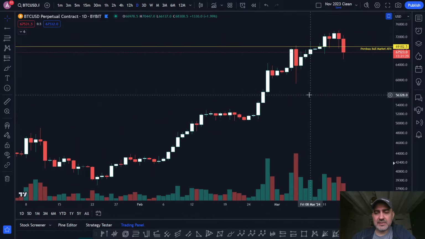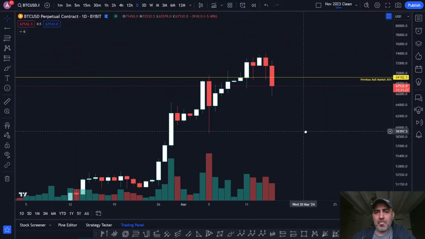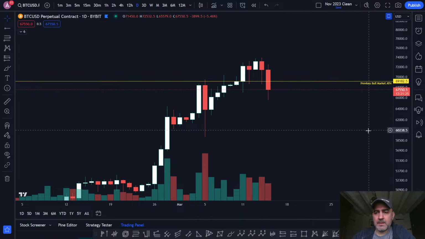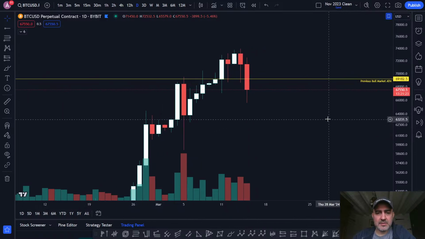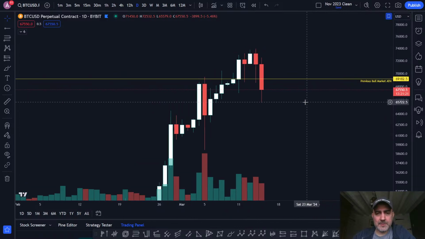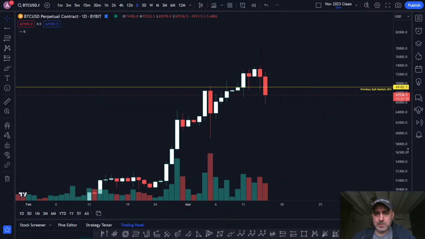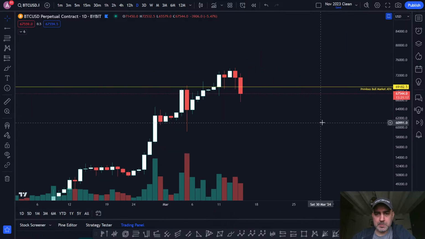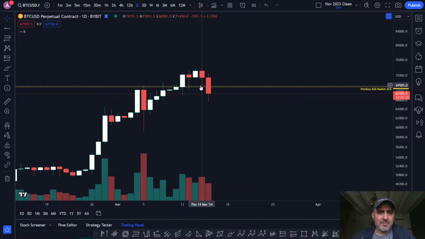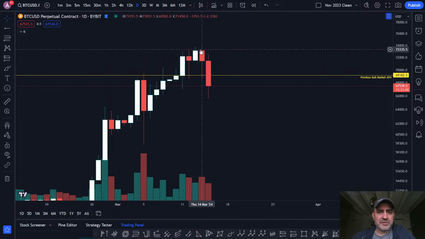That being said, let me have a look at the daily chart. So that was quite a bearish daily candle yesterday. Did you see that? Even though there's a wick on the top, it looks like a hammer.